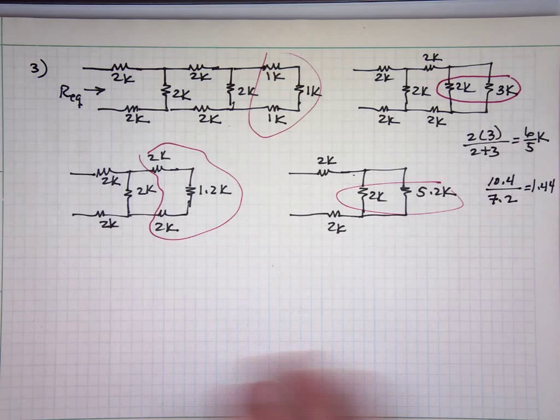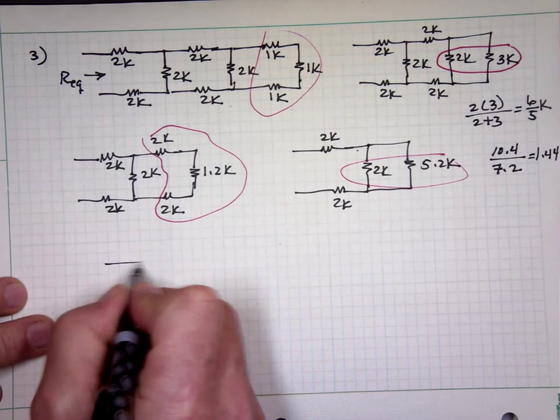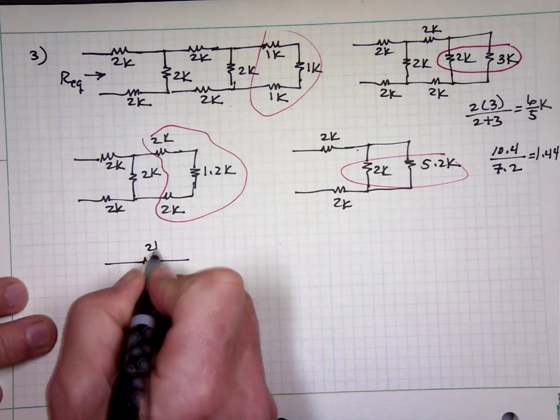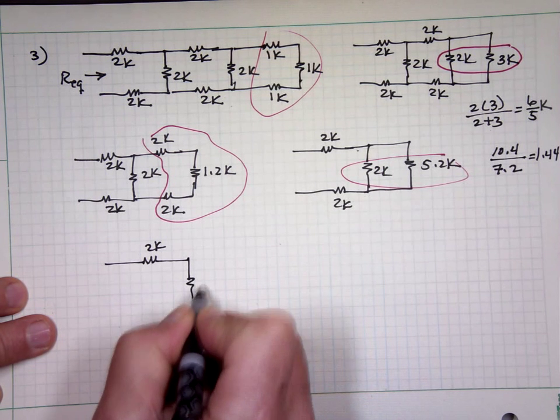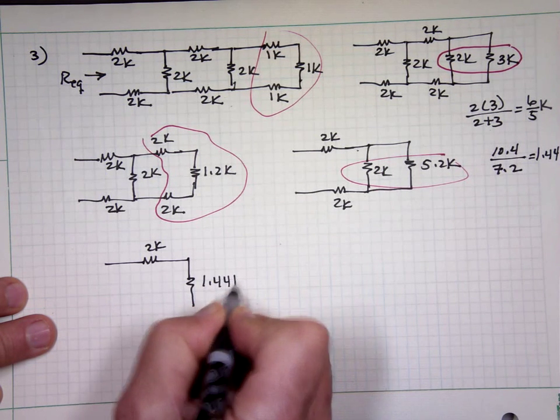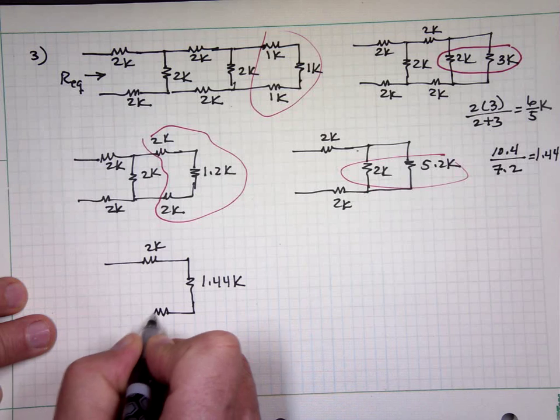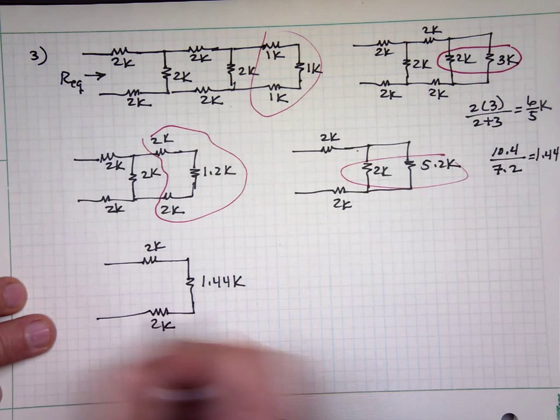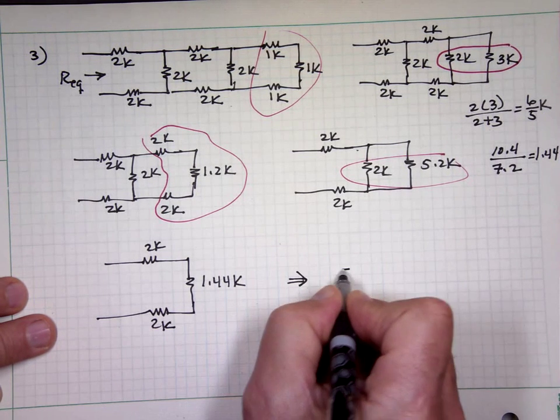Okay. So now I have 2K, 1.44K, 2K. The result is what? 5.44K ohm.